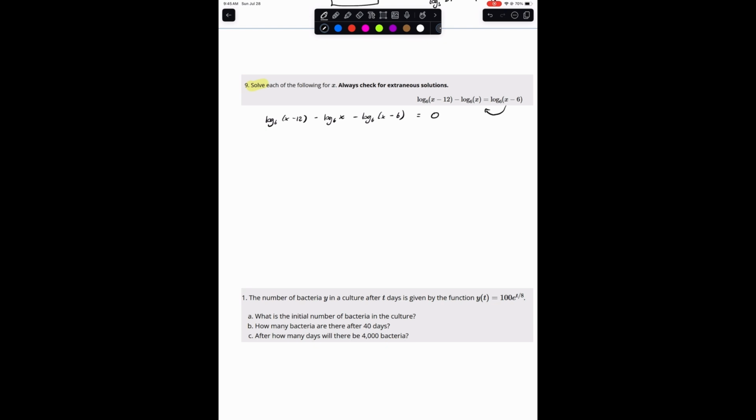We combine this whole left side, and we get log base 6 of x minus 12 over x times x minus 6 equals 0.